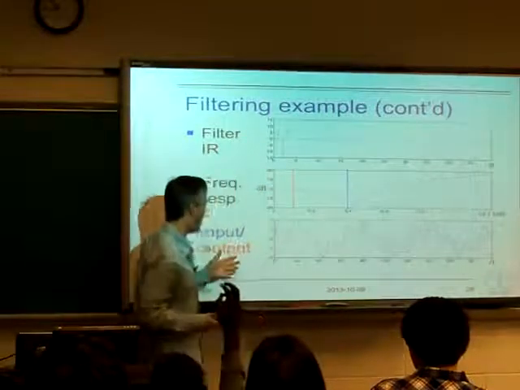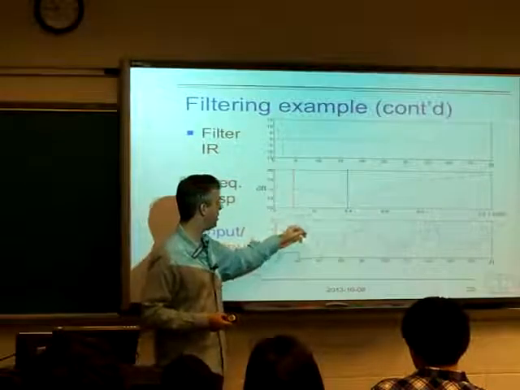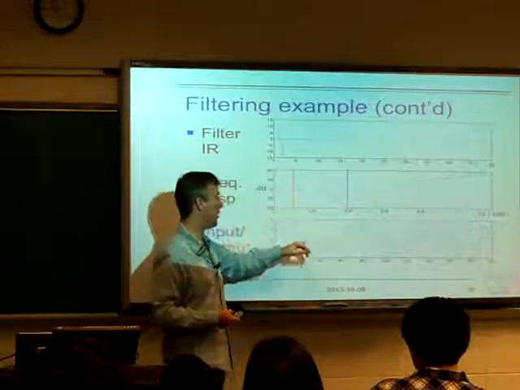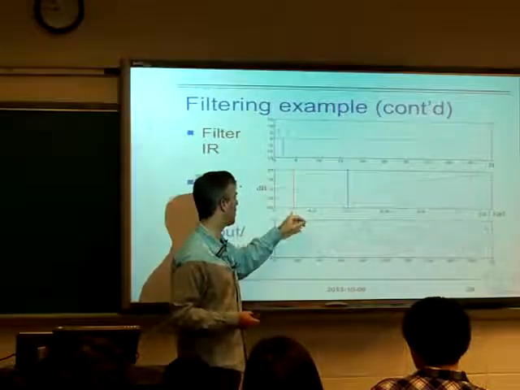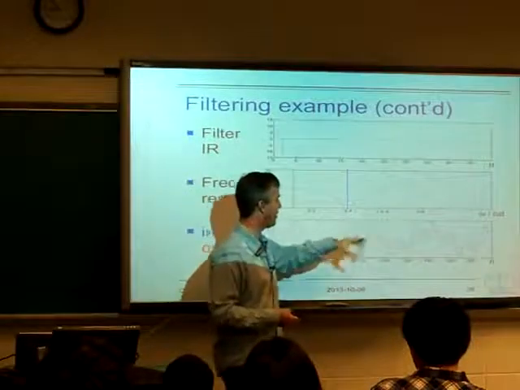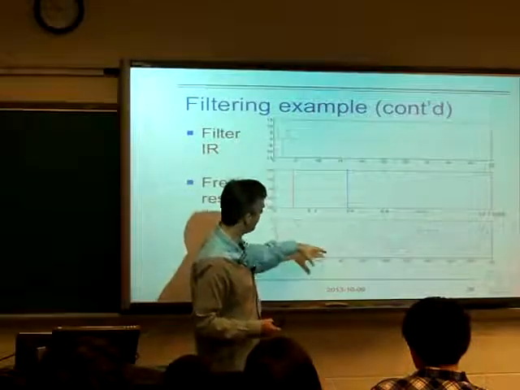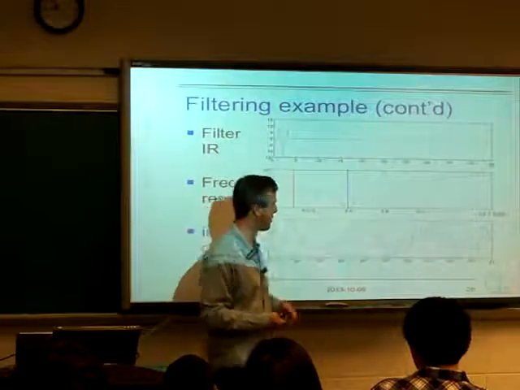And here's what it does. Here's an input signal. The blue line is a sum of two sinusoids at 0.4 radians per sample, the high frequency, and 0.1 radians per sample, the lower frequency. You can see that it's a higher frequency sinusoid superimposed on a lower frequency one.